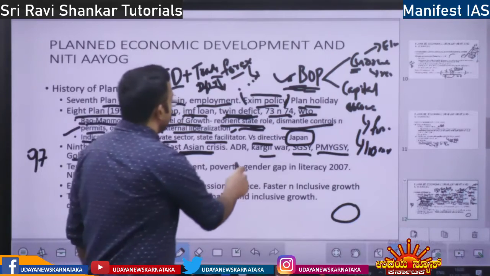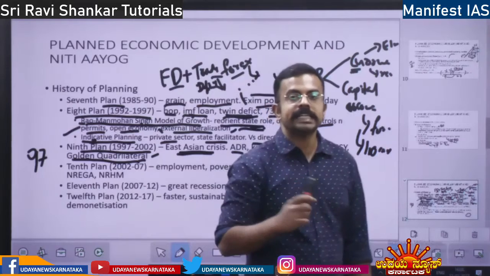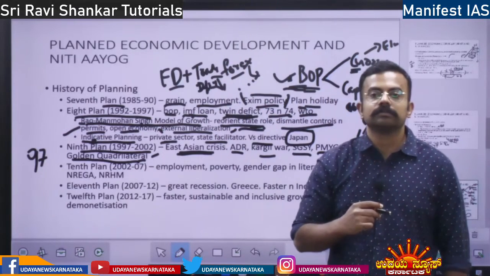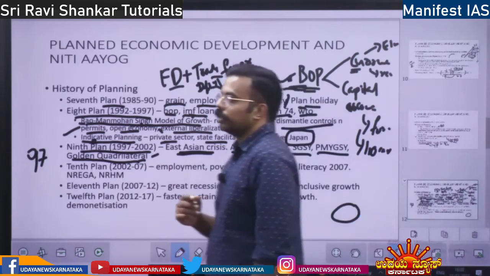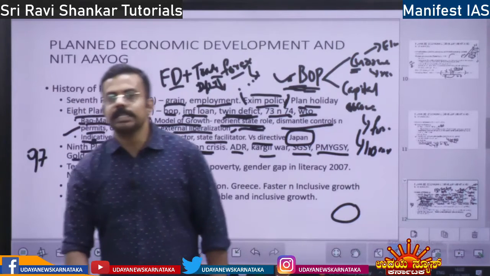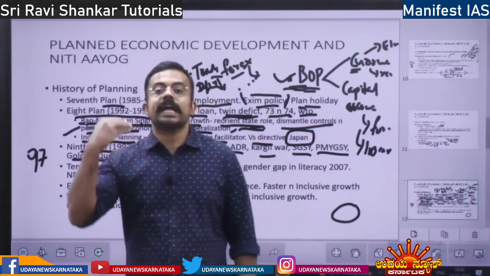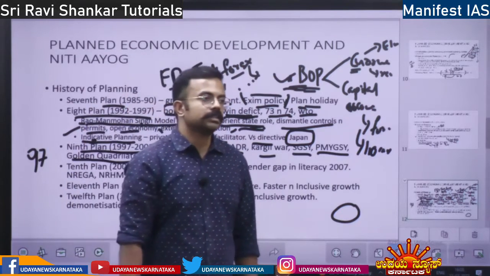Also, Indian companies for the first time get listed on foreign stock exchanges, NASDAQ and the New York Stock Exchange. Earlier, nobody invested in Indian companies there. Listed, I am going to do it under the stock market.